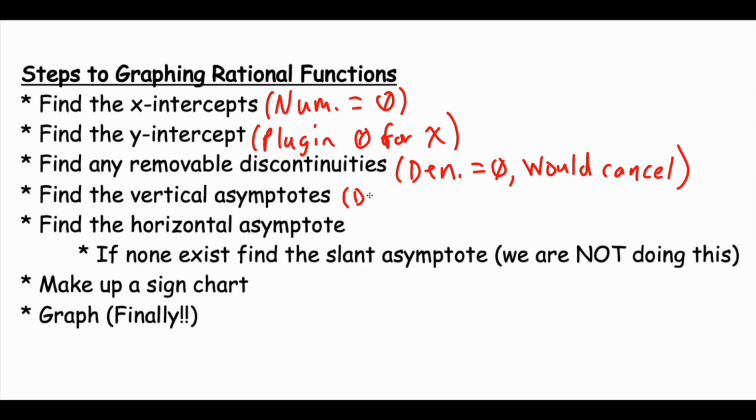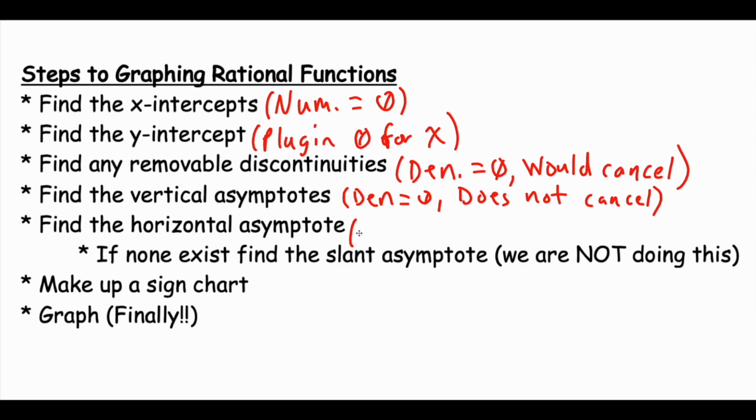Vertical asymptotes, again, start off the same way. The denominator equals 0, but then this one does not cancel, just meaning that it does not have a common factor on the numerator.